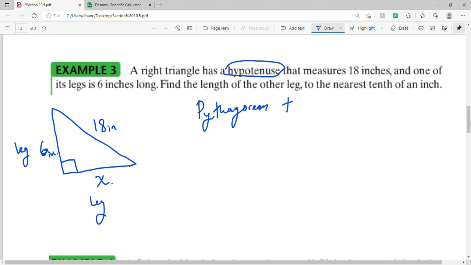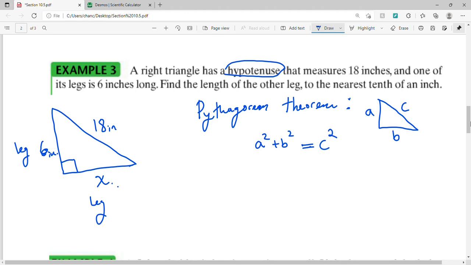The Pythagorean theorem states for a right triangle with legs a, b, and hypotenuse of c, that a squared plus b squared is equal to c squared. So that's the Pythagorean theorem. The leg is 6 inches and the other leg is x.